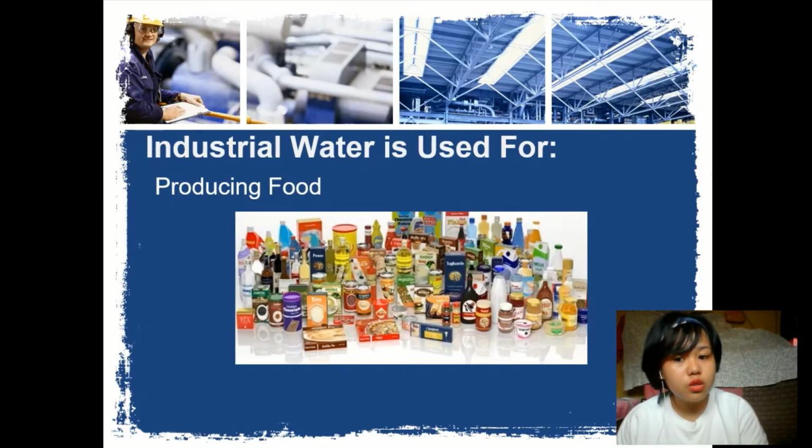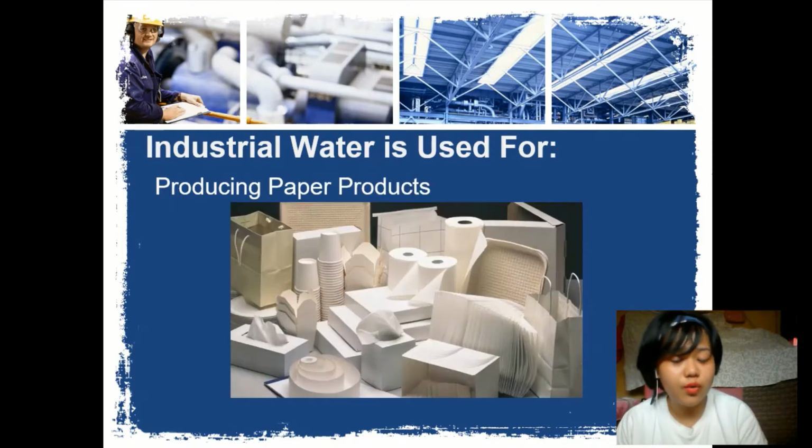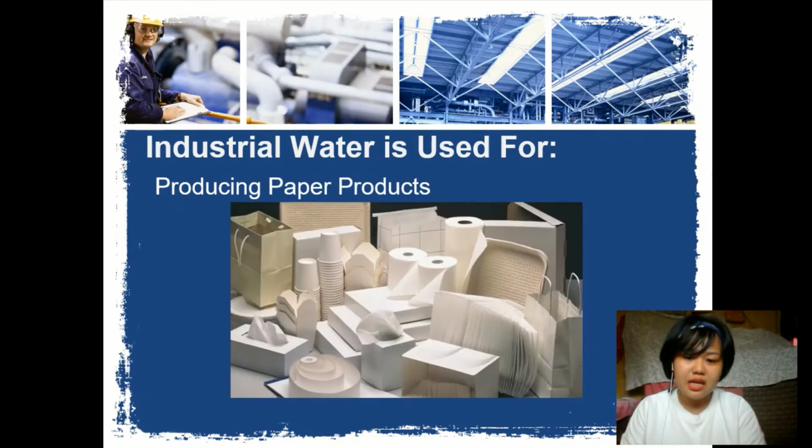And also for producing food like canned goods, instant foods, ketchups, powdered milk, and many more. Also for producing paper products like tissues, paper bags, paper cups, paper plates, paper box, you name it.